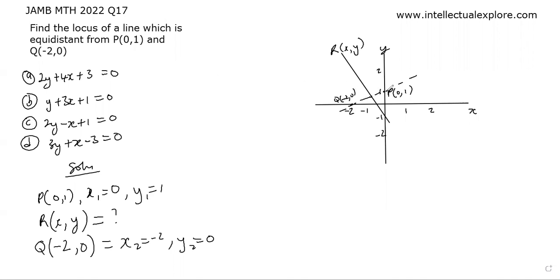Take for instance the formula for calculating line PR, that's from here to here.